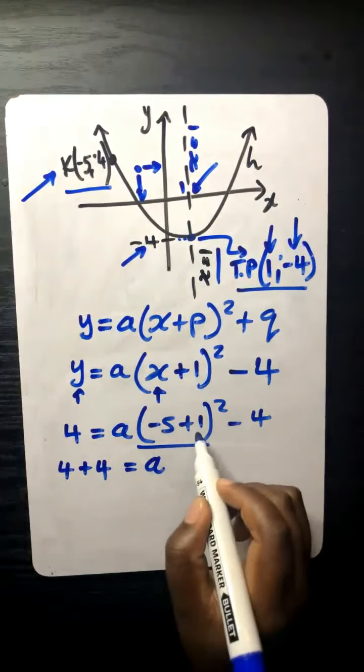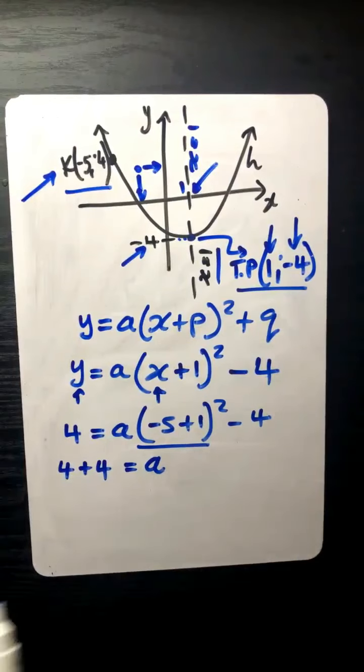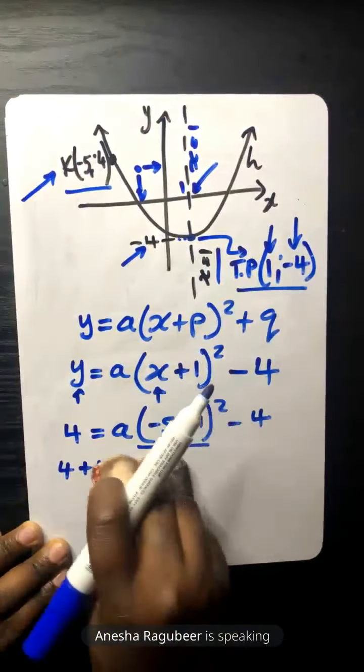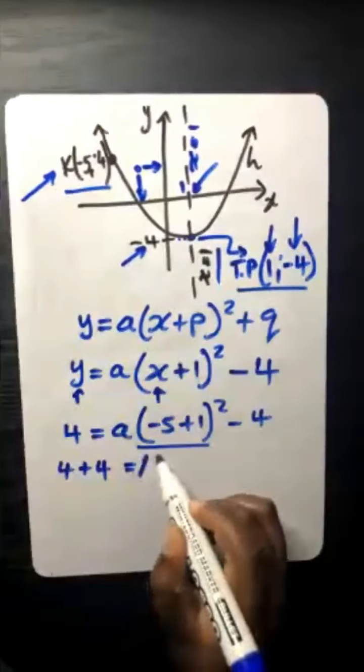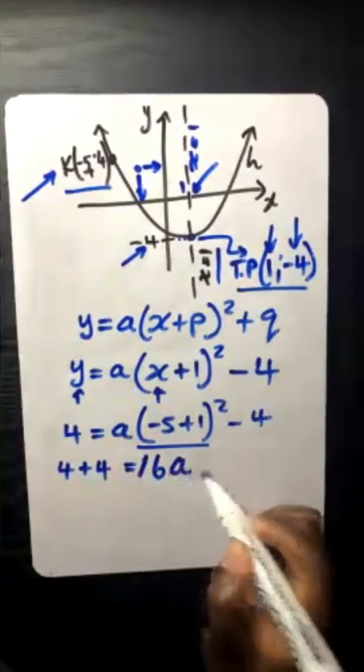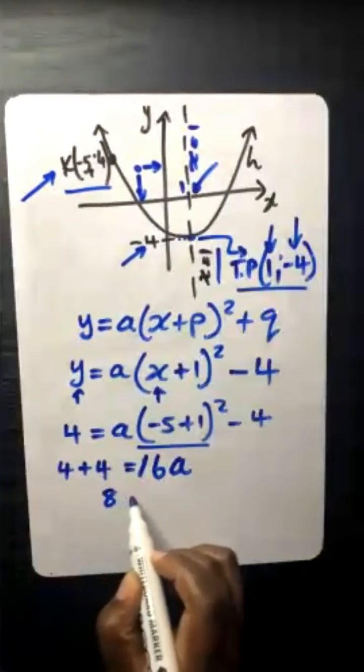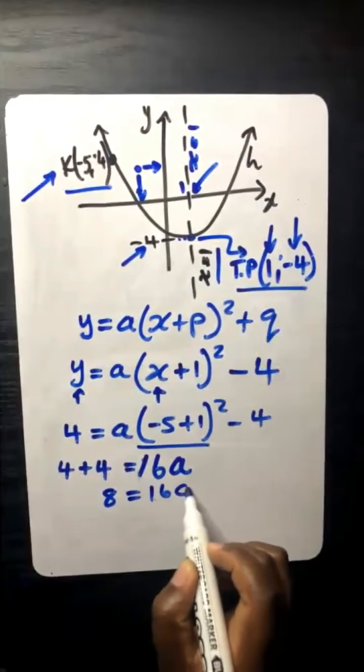I think this is 16. It's 16, yes, sir. So it's 16a. So this plus this, what is it? It's 8. So you've got 16a.